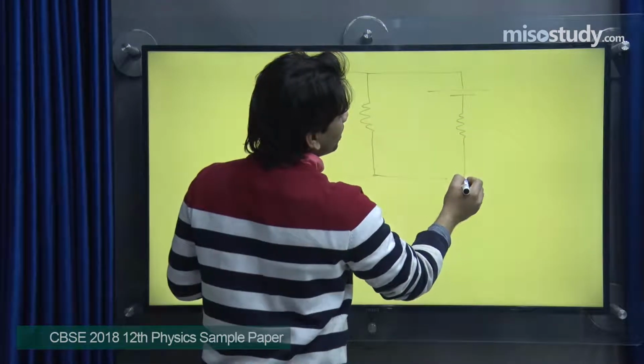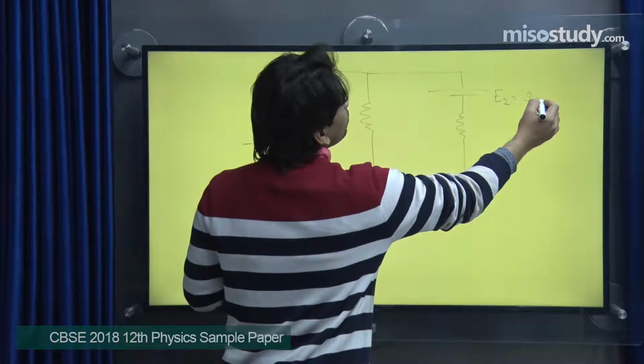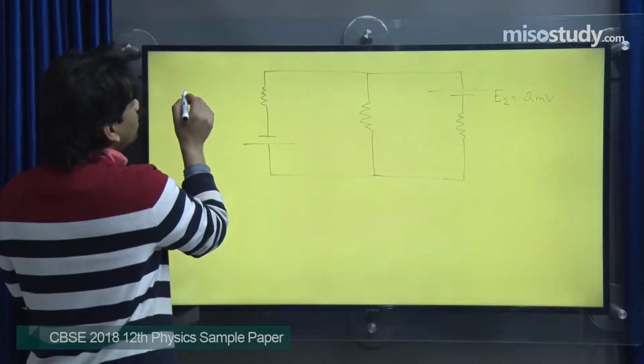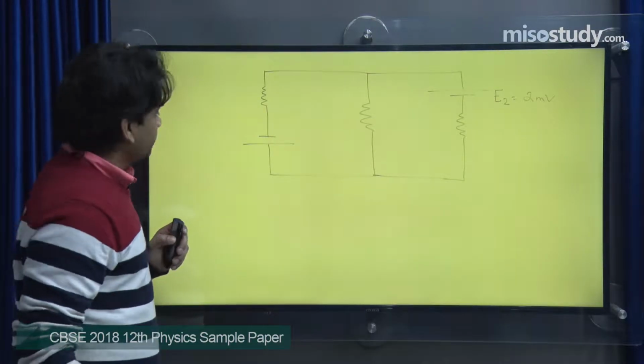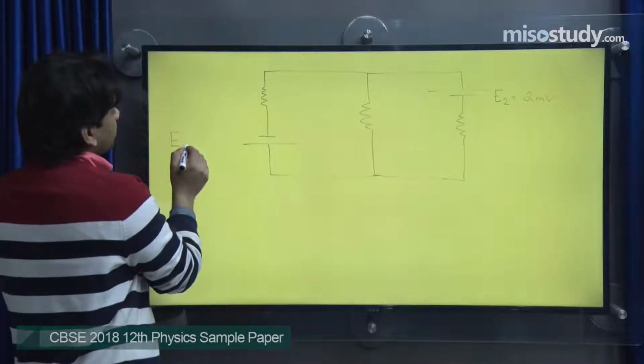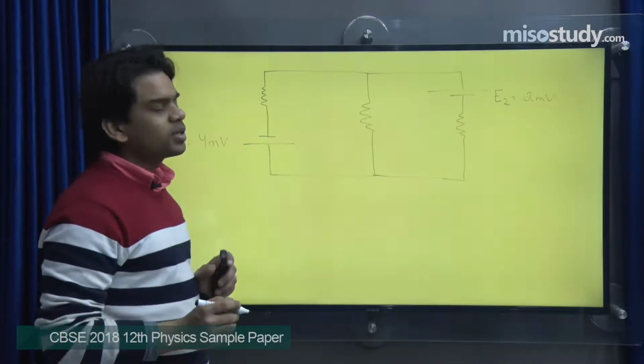This is how the rails would appear. This is E2, which was 2 into 10 to the power minus 3 volt, 2 millivolts. This was E1, which is 4 millivolts.